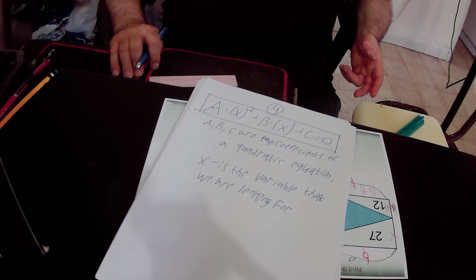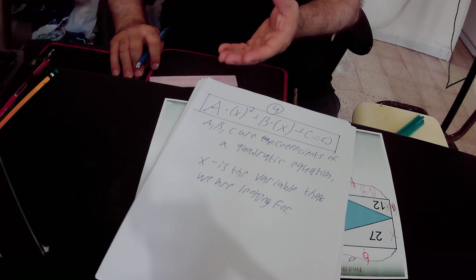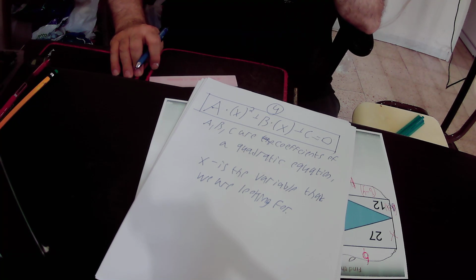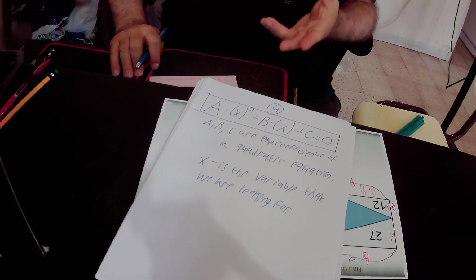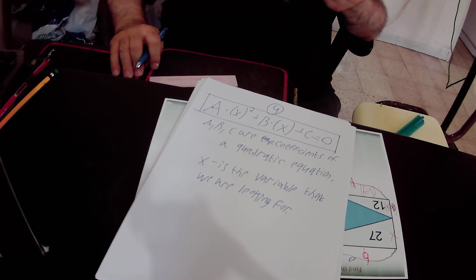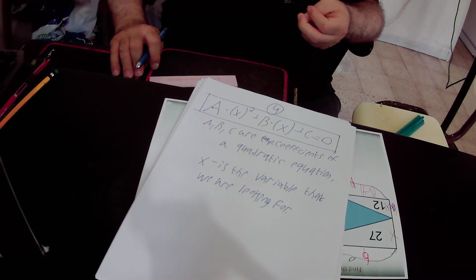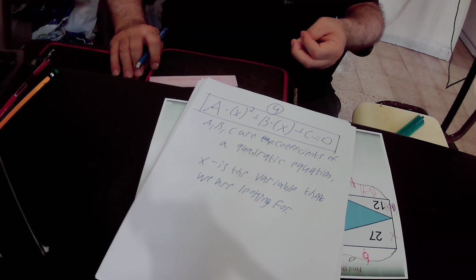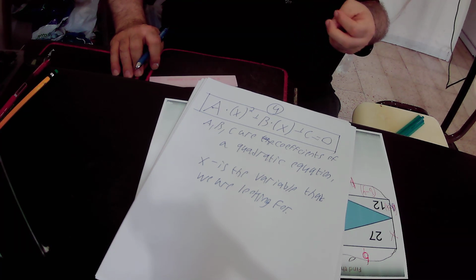Okay, but as you can see here, it is a quadratic equation, and you don't have any way to solve this quadratic equation, but we have a special formula for x. This special formula will help us to get the value of x.